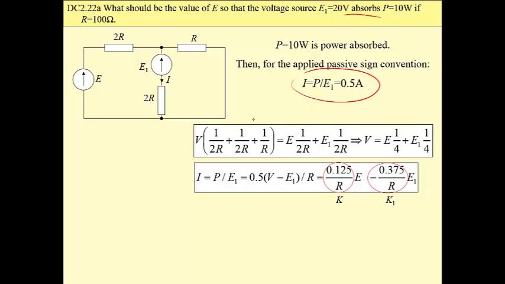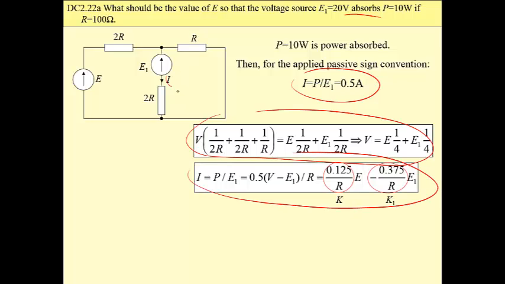There are nodal equations below. Once again, I'm not going to discuss how they are created. Then from these equations we may find a current in this branch, a current that we are looking for. And obviously now this current, same as before, is the sum of two components.